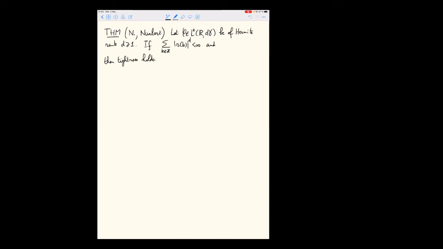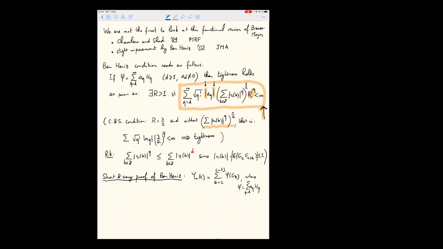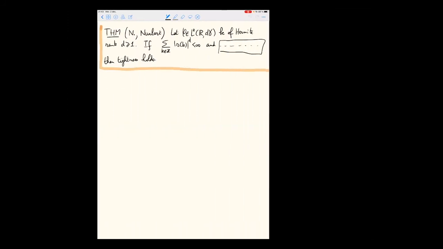For the moment I have to complete the statement here, but just let me compare. If I was stating the Ben Harris or Chambers-Flood result, here I would put the condition that this guy is finite. This would be my additional condition. Now, if you follow what I did at the beginning, the Breuer-Major theorem contains, as a particular case, the classical central limit theorem.